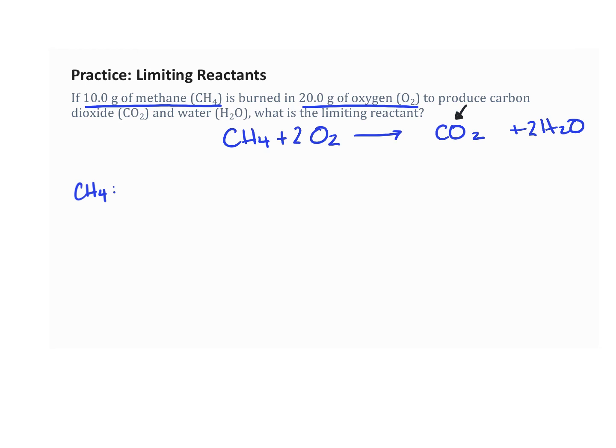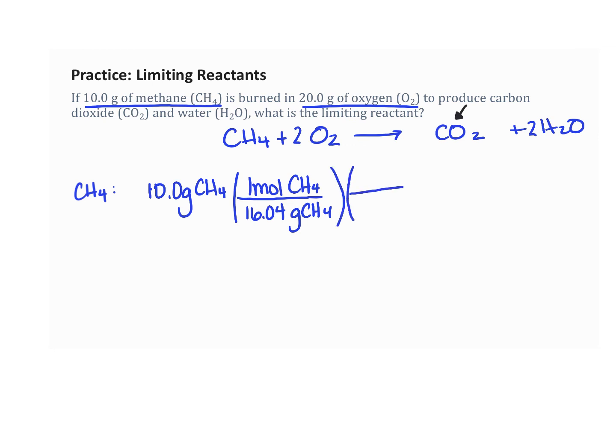So I'm going to go from CH4, which is 10 grams of CH4. I'm going to convert that to moles. And then I'm going to convert that to CO2. Now, if you want to do this with water, that's fine. Your numbers will be a little different, but you still should get the same thing as the limiting reactant, okay?